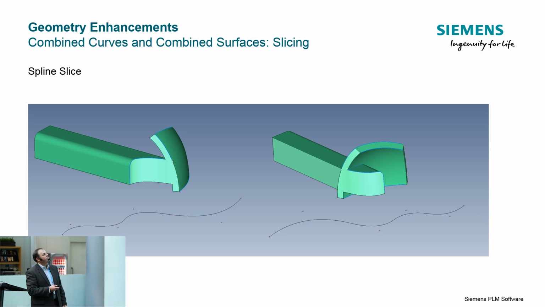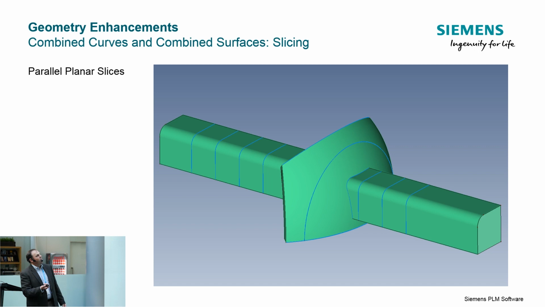You can imagine you use a spline to slice, just another example. Or any number of parallel slices through that same body. Again, all of the boundary surfaces and combined curves get updated.